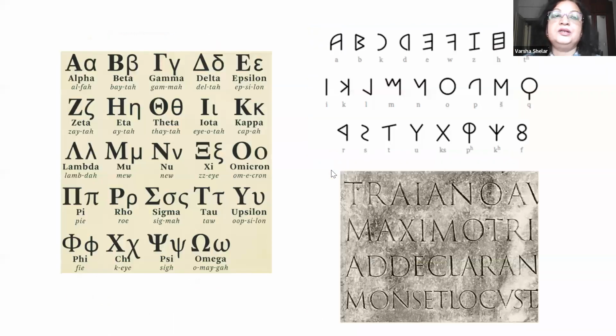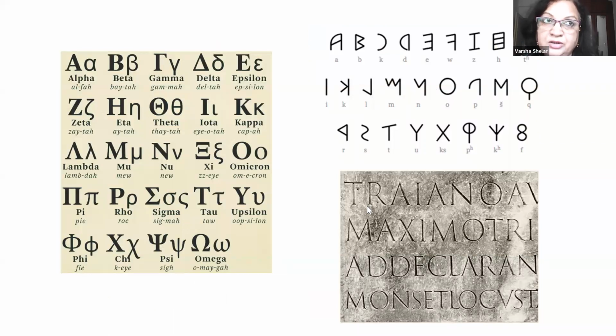Later, on the left hand side, you see the Greek script, on the right top also, and at the bottom what you see is the Roman alphabets developed from these Greek alphabets. You see the Roman alphabets are also carved. This is a part of the Trajan column.